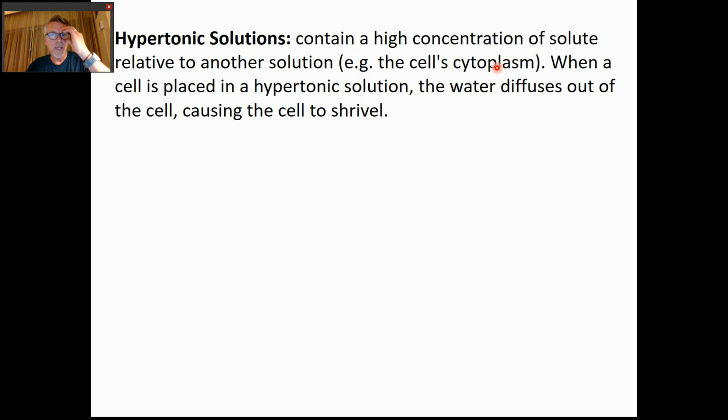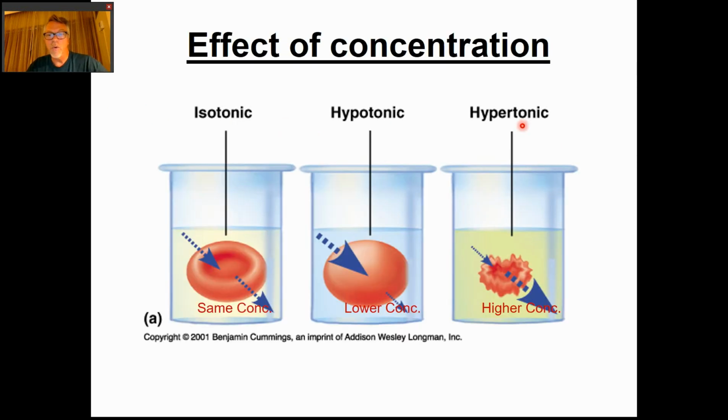So if a cell is placed in a hypertonic solution, that means there's a lot of stuff dissolved, solutes, outside of the cell, and the water that's in the cell will leave to try to equalize that. And so in a hypertonic solution, water leaves the cell, and the cell will shrivel up.